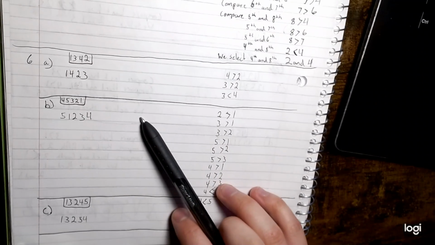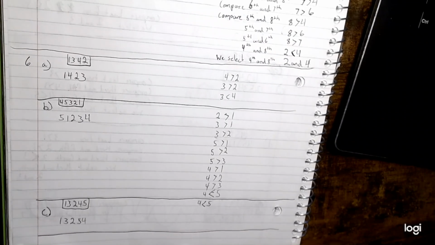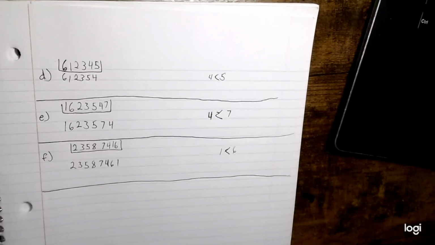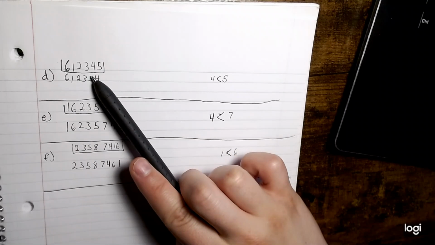So from here on out, I'll just kind of give you guys my answers that I got. This is the number we started out with, 13,245. This is the number we now have, 13,254. Following the same process, going to the back, the number given was 612,345.